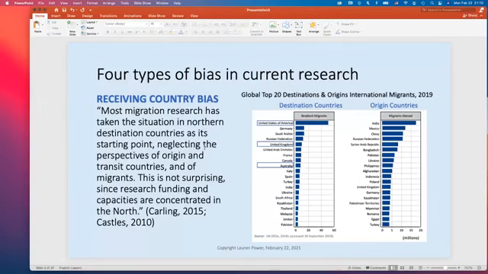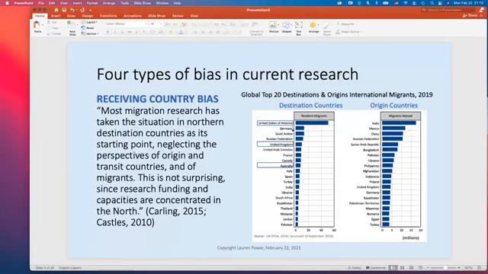According to Carling and Castles, this is absolutely not surprising, given that research funding and capacities are concentrated in the North. And we can also see an empirical basis for this in this graph here, which is provided to us by UNDESA in 2019.